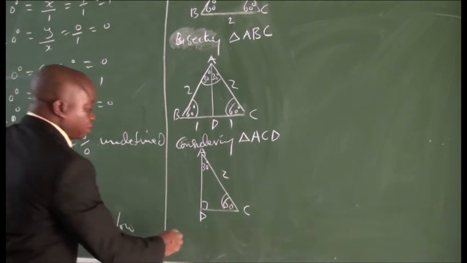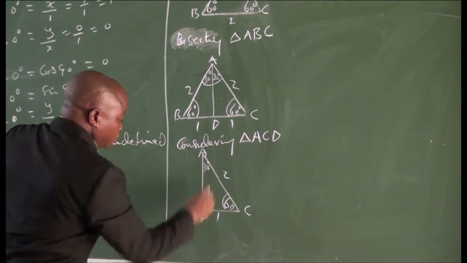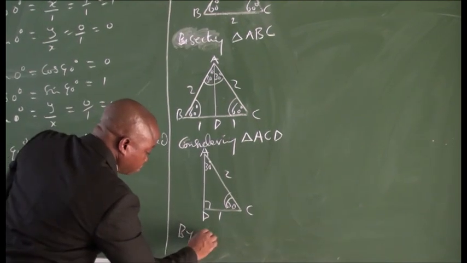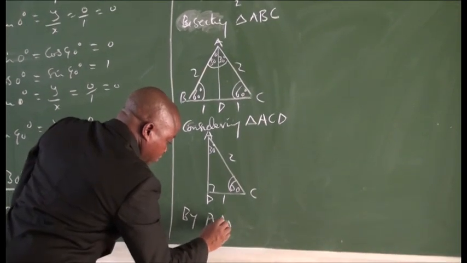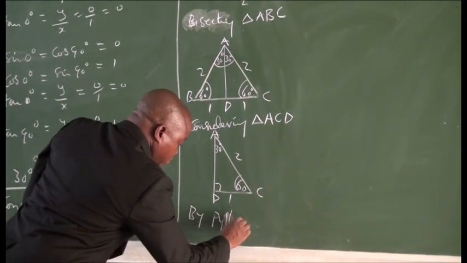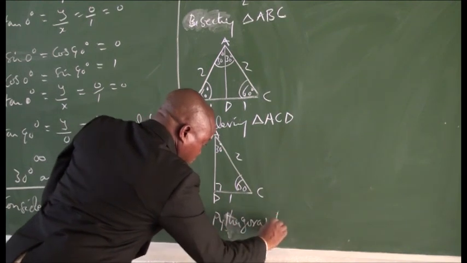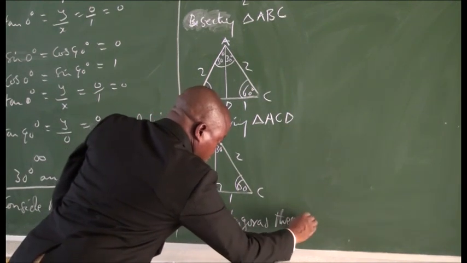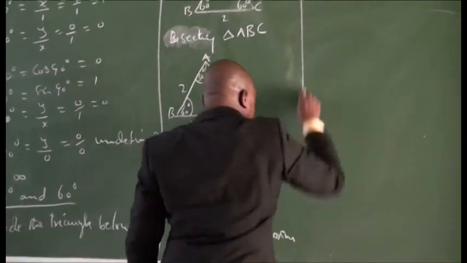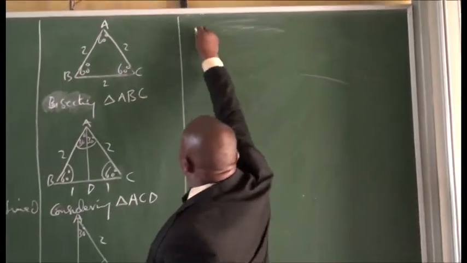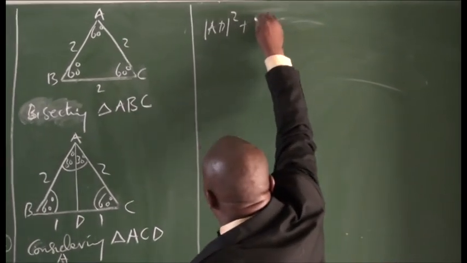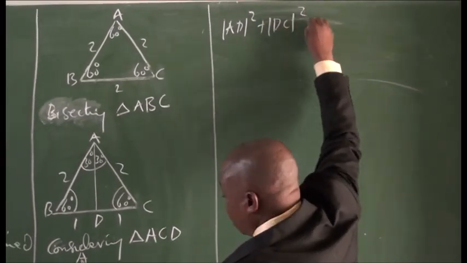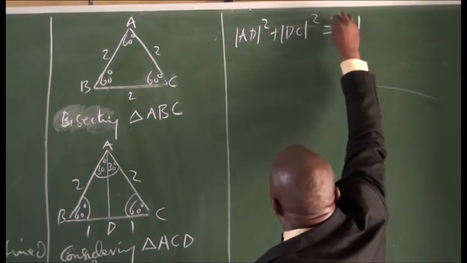So, by Pythagoras theorem, this is 1. So, by Pythagoras theorem, I know that AD square plus DC square equal AC square.